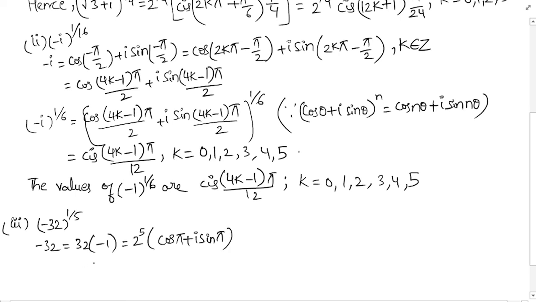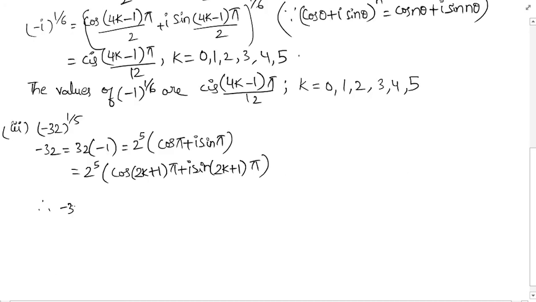Okay. So this will be again equal to 2 power 5 into cos of 2k plus 1 pi plus i sin of 2k plus 1 pi.